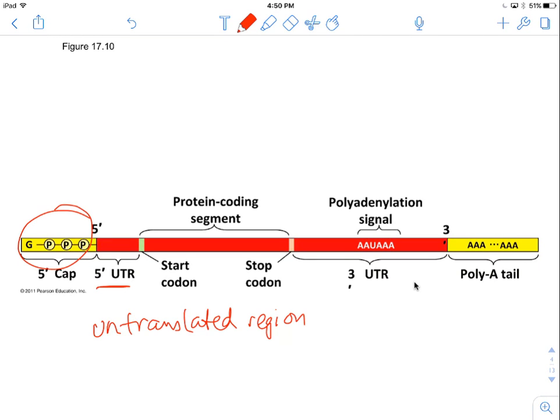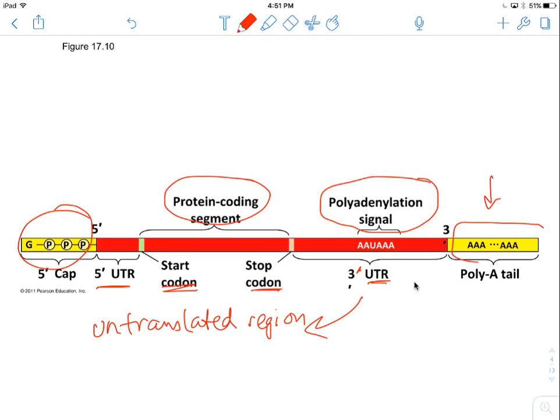Okay, and then there's the start codon that tells us where to start the segment that encodes the protein. There's a stop codon, which tells us the protein needs to stop being made. There's a 3' UTR, or again, untranslated region, but it contains a polyadenylation signal, okay, which is our second modification.